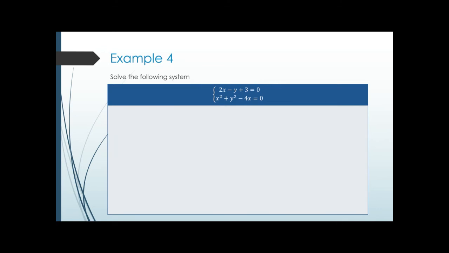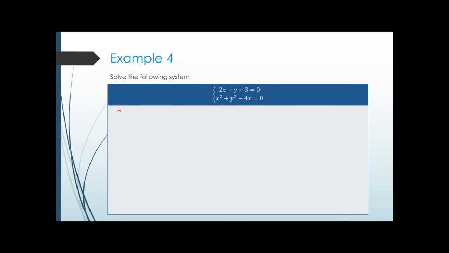In this case, we're looking at the top equation. I have 2x minus y plus 3 equals 0. I'm going to solve for y. I'm going to do this because it's a lot easier to solve for y, since all I have to do is add y to both sides. And I've already got x squared and x in my second equation, so getting rid of the y just makes it easier since I already have two terms with x's.